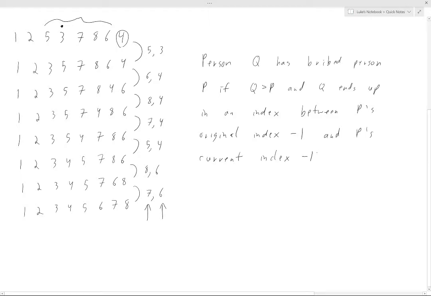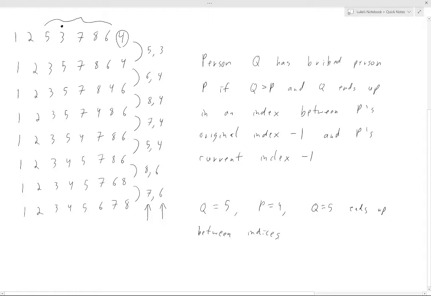this bracket that I've drawn. So like here for this example that I've drawn, Q has bribed person P. So Q equals 5, P equals 4, and Q equals 5 ends up between indices.